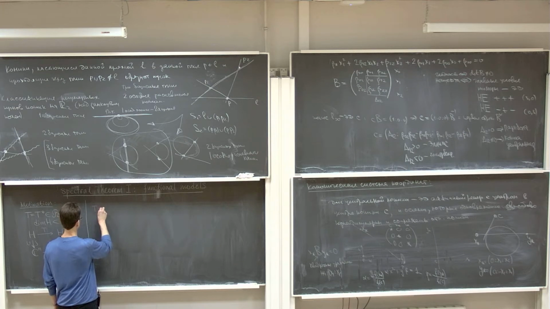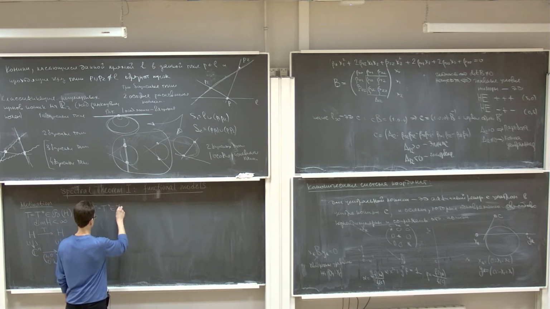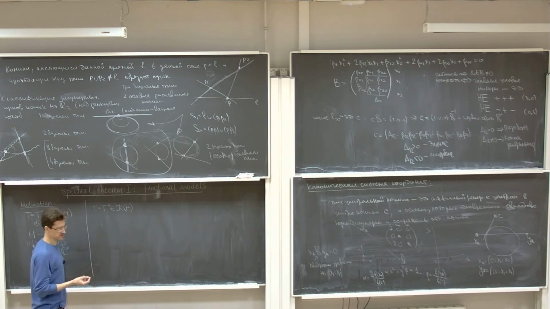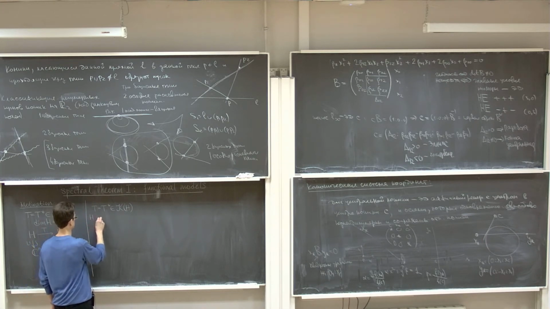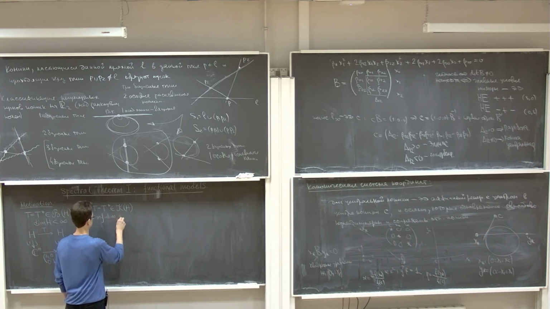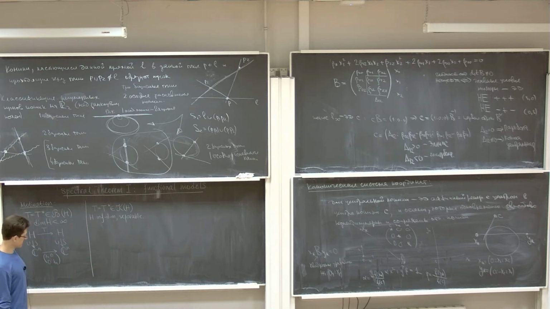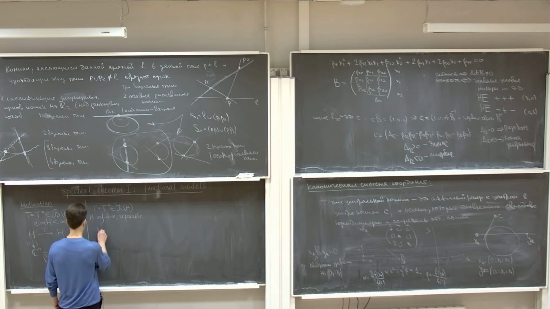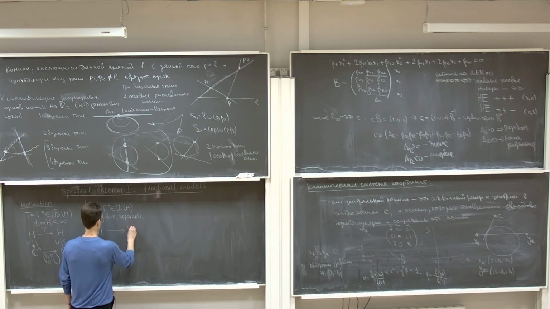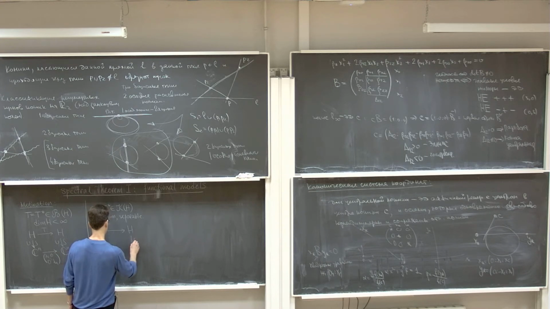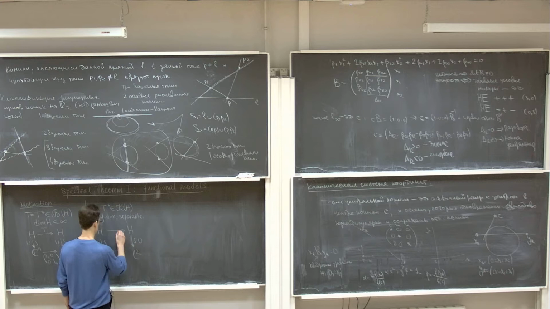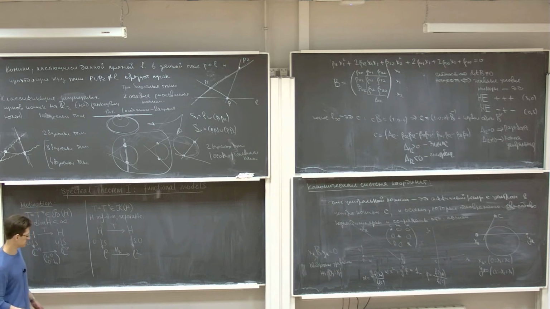Namely, suppose now that T is a compact self-adjoint operator on an infinite dimensional separable Hilbert space H. So the Hilbert-Schmidt theorem implies that there is a unitary isomorphism U between H and the little l2 space, which gives us a unitary equivalence between our operator T and the diagonal operator M_lambda, which acts on the little l2 space.